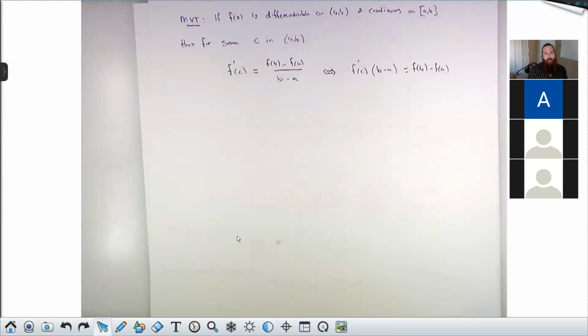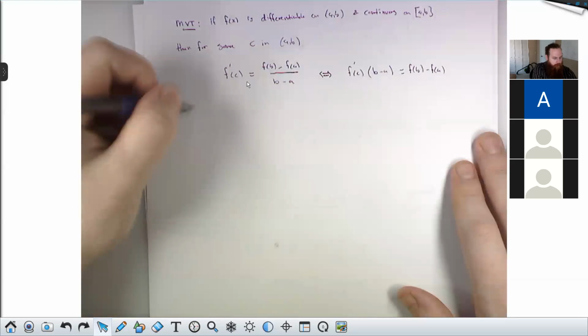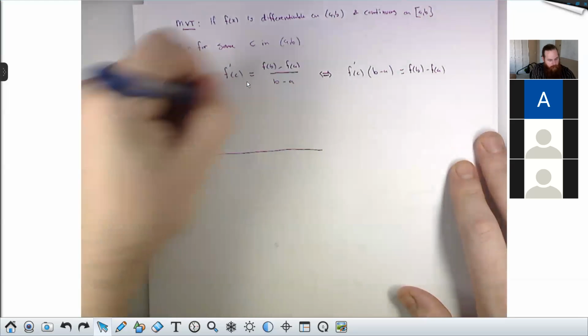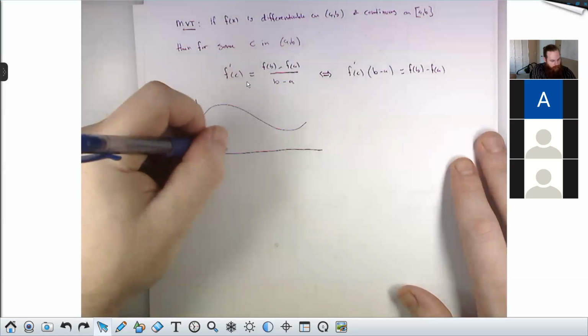And this is the mean value theorem, saying that the average rate of change for the function over the interval [a, b] is equal to the instantaneous rate of change somewhere in between. So if you have a secant line, somewhere in between there is a tangent line of the same slope. The picture for that looks like this.